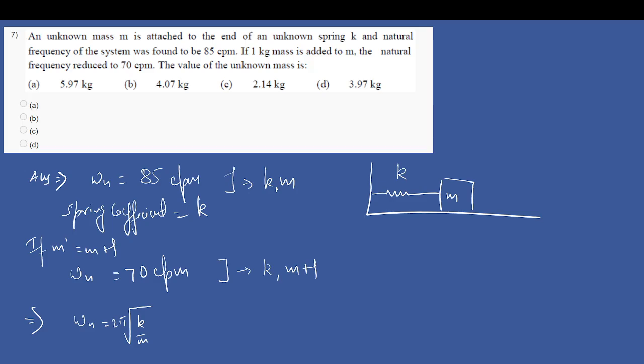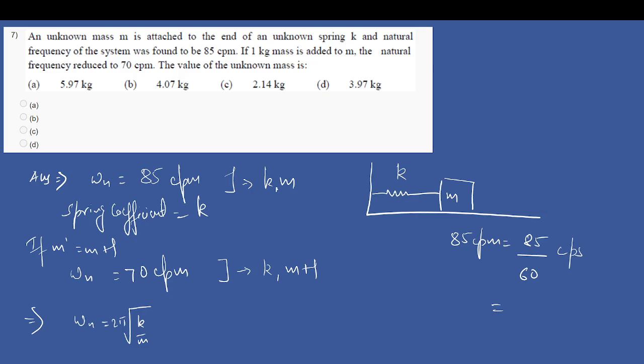And your natural frequency is given as 85 cpm. So 85 cpm is basically 85 by 60. cpm is cycles per minute, and cps is cycles per second.